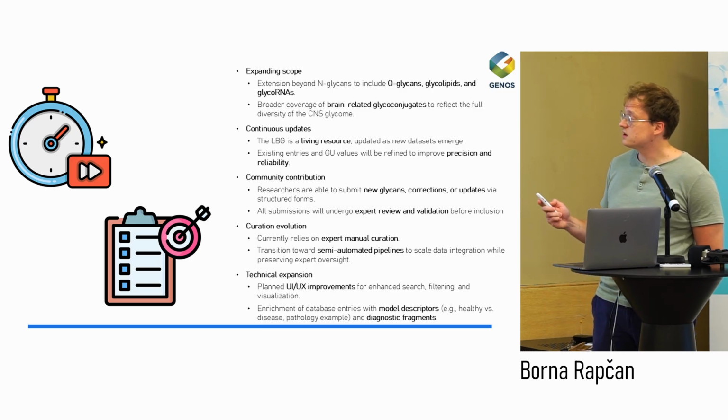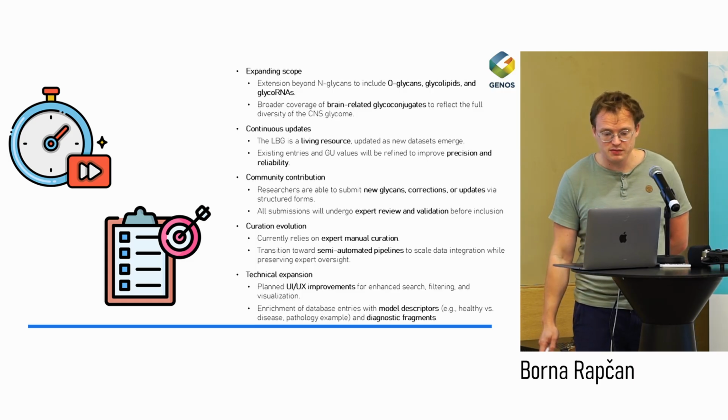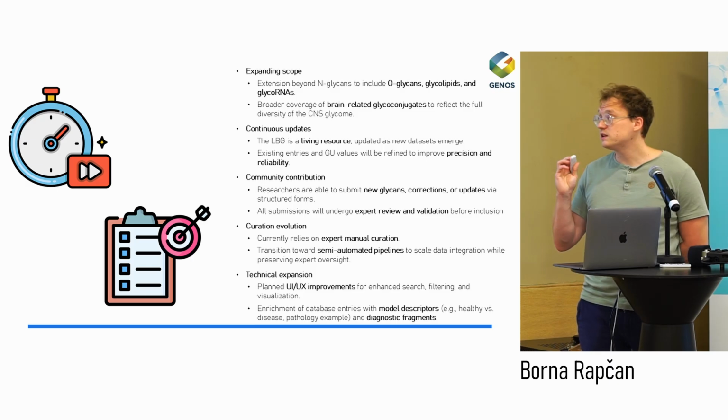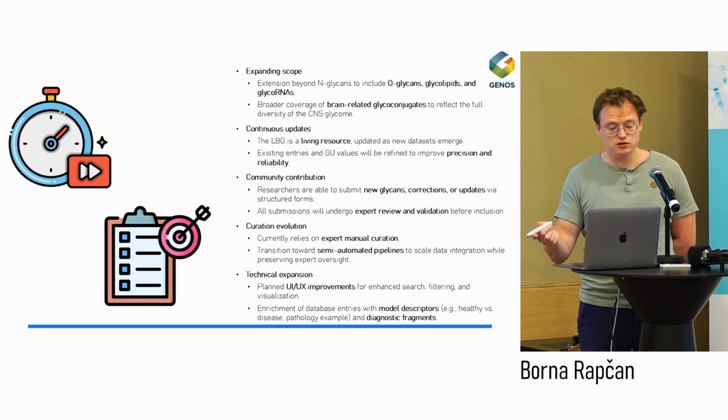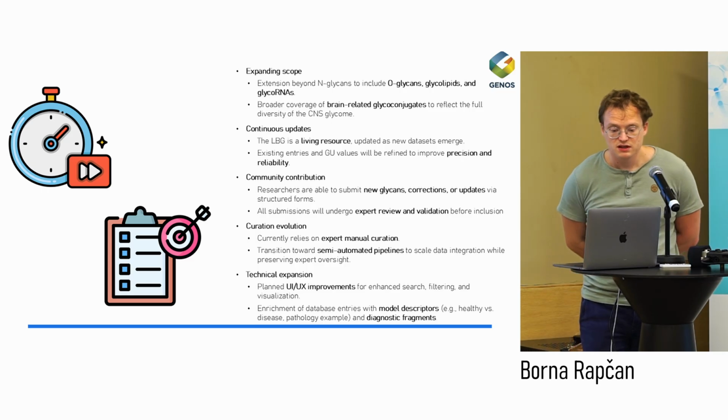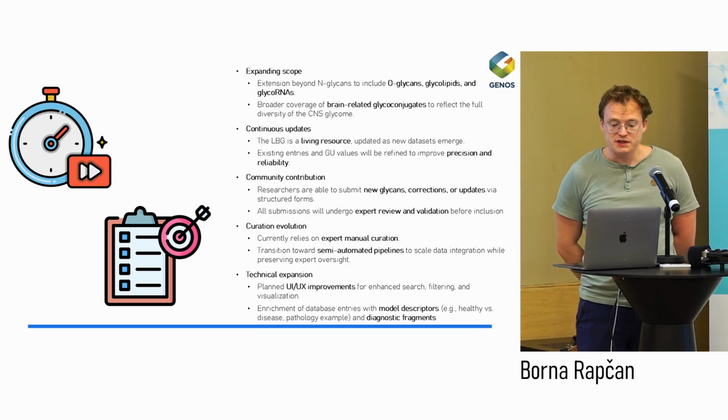And the final thing that I also hinted on but didn't really talk about is the curation evolution. So currently the curation relies on manual work, but if the amount of information coming our way becomes exhausting and significant, we will implement semi-automated pipelines that will scale the curation process.